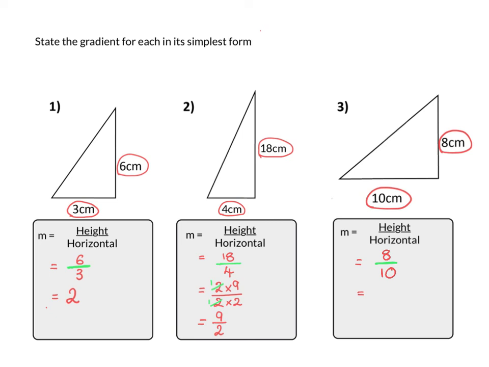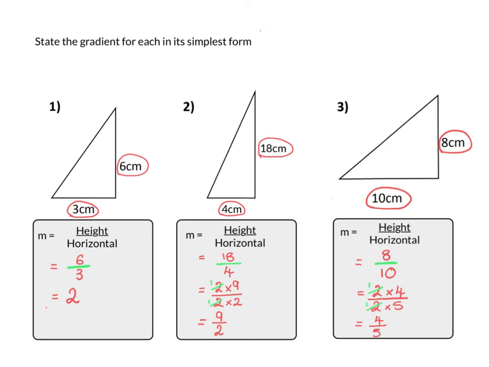Is there something that goes into 8 that also goes into 10? Just 2 again. 2 times 4 and 2 times 5. So divide the top by 2, divide the bottom by 2. And then 1 times 4 makes 4, and 1 times 5 makes 5.